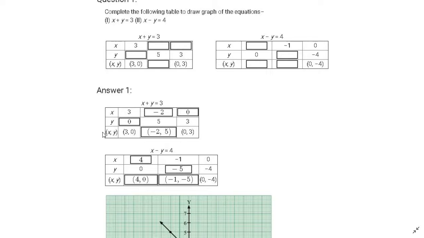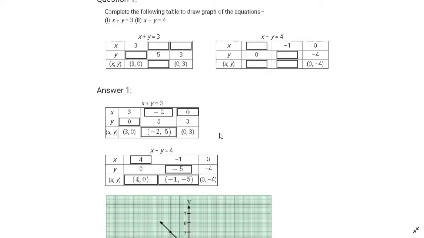So after getting this table completed, we can draw the lines on our graph paper. As we have seen, we need at least two pairs of values. This is one pair and this is pair number 2. We have here an extra pair for confirming we are drawing it correctly.